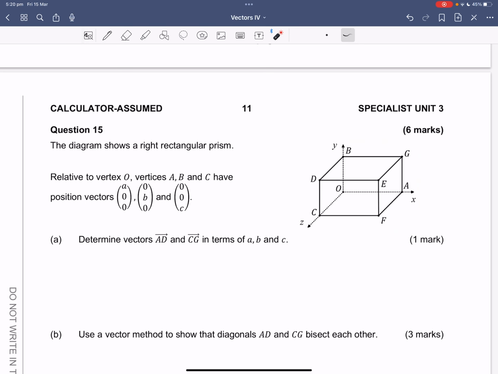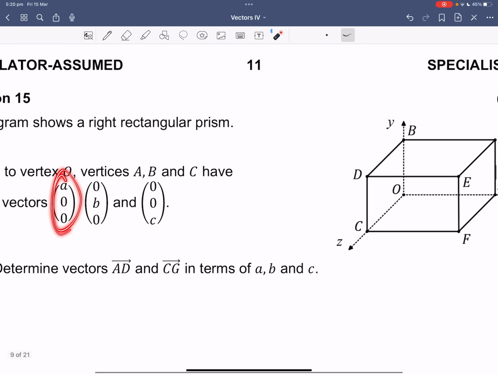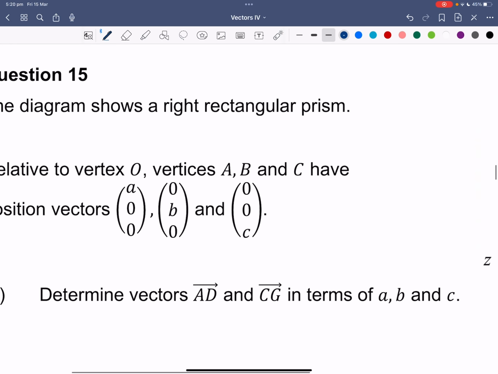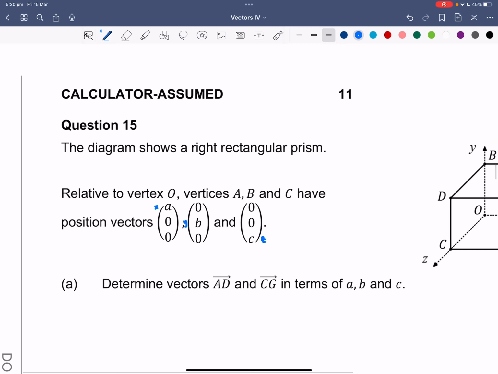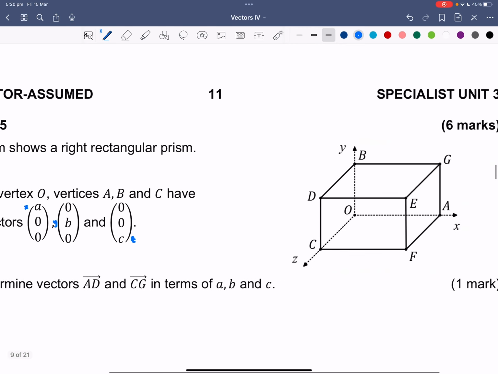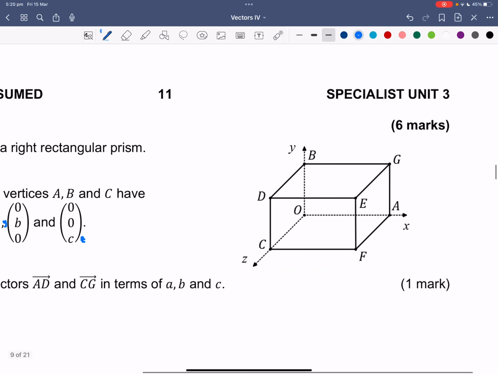And they said A has the position (a, 0, 0). Now I want everyone to realize that this is an x value, B is a y value, and C is a z value. That's the vertices of A, B, and C. So effectively, it tells us that this distance here is little a along the x-axis.